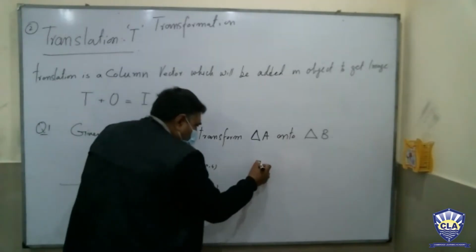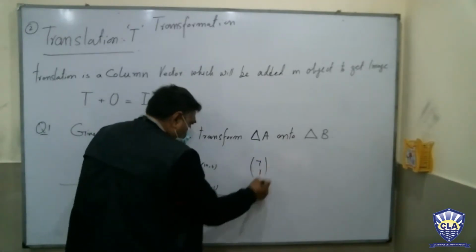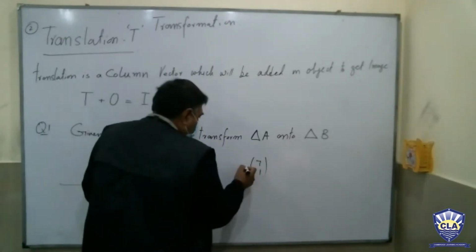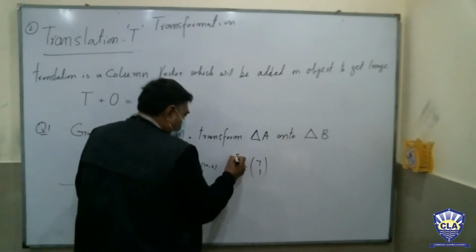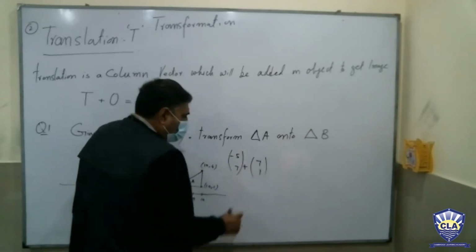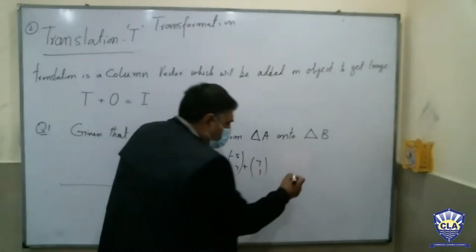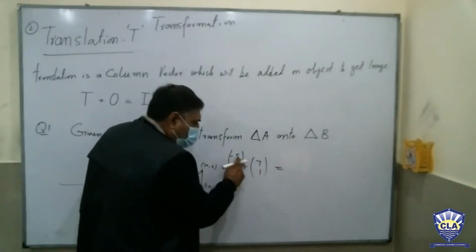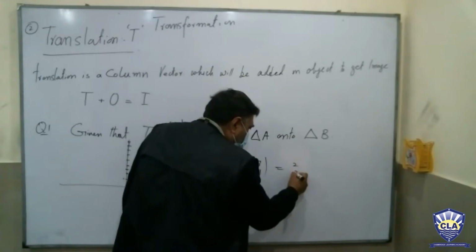Now 7, 1, the first point. Minus 5 and 7 is the translation. Object is 7, 1. Image will be 2, 8.